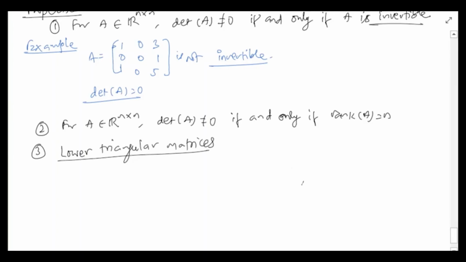Let us consider a square matrix A, say an n cross n matrix. The entries A11, A22, etc. up to Ann are called entries on the main diagonal. So this is called main diagonal of A.